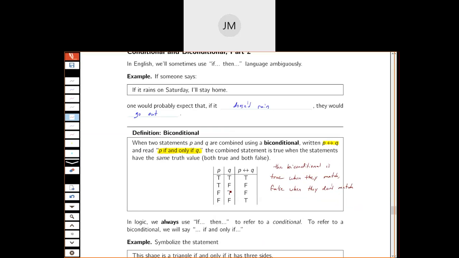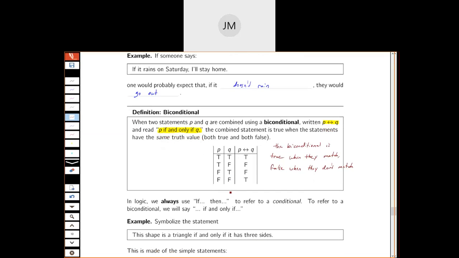Okay, in logic, we're going to be more clear than people are in the English language. English is a big language. People have lots of colorful ways to express meaning, and that's fine. When we're discussing things in logic, we want to be very clear about our meaning so that we don't make mistakes.